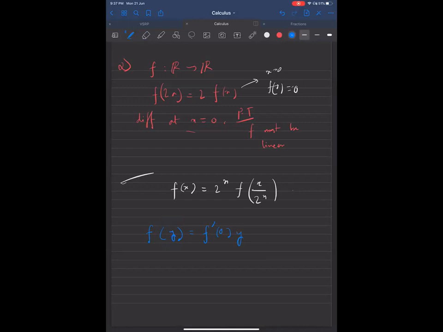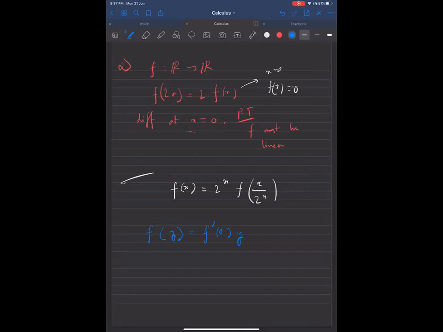Can we say this? Of course not, right? We can't say this if it's just differentiable at a point.